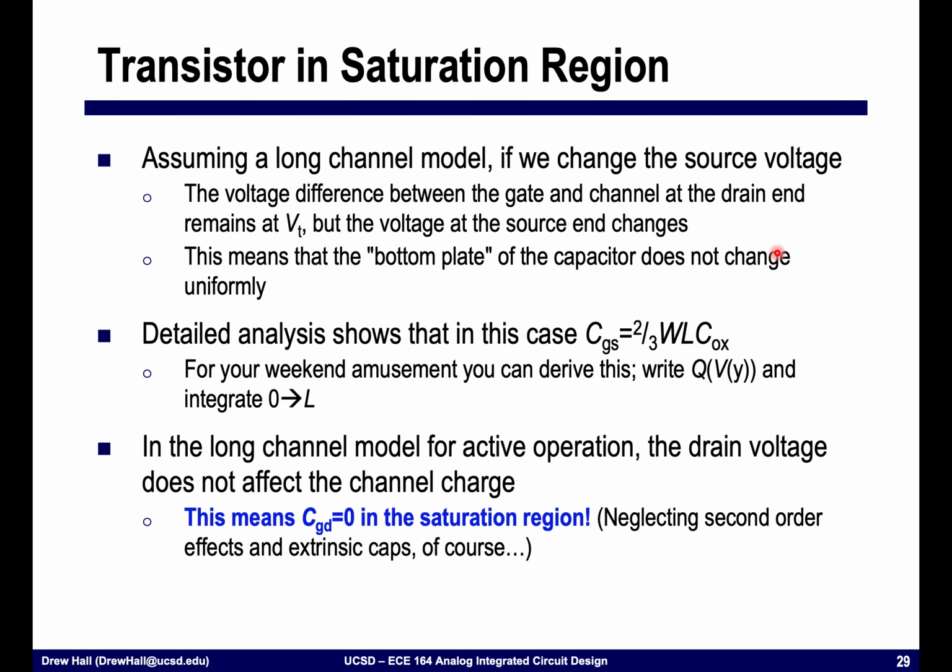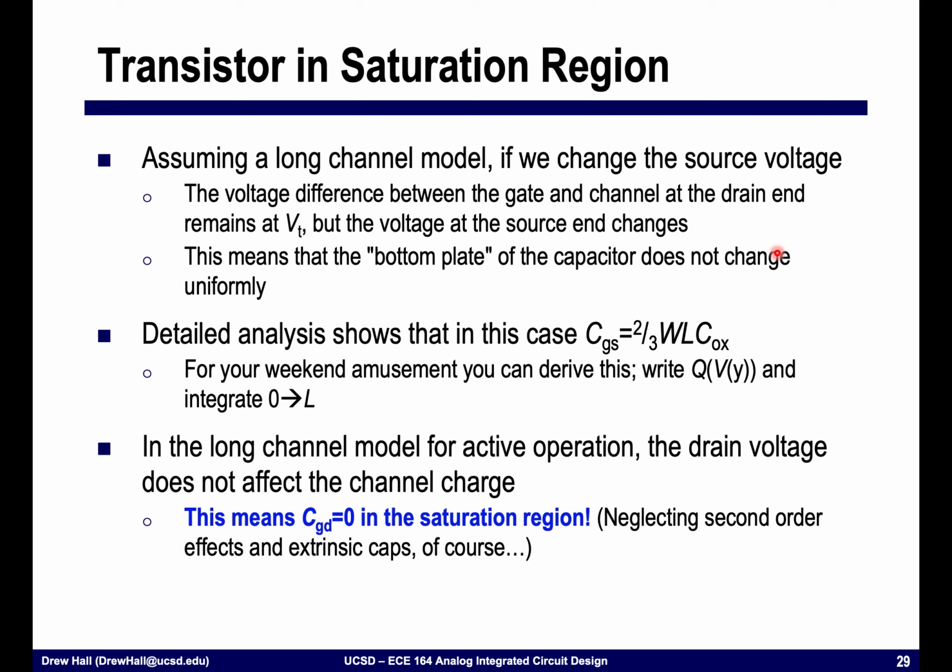All right, now once we move into saturation, we have a slightly different case, and that is that now we have a triangularly shaped channel. This effectively means that the bottom plate of the capacitance doesn't change uniformly. We have to drop the voltage in a non-uniform way across the channel.